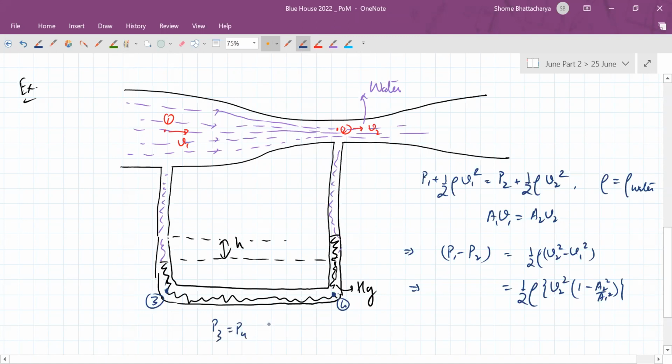Okay. So pressure at the point 3 is P1 plus. So, I mean, from that you can understand that the pressure difference between these two points, P1 minus P2, is equal to the density of mercury minus the density of water, times g times h.